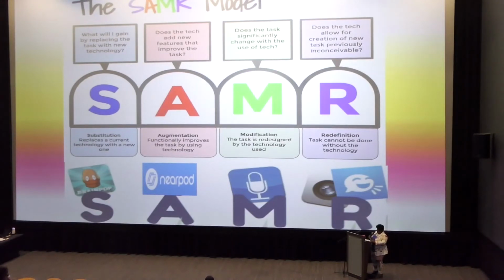When you look at the S for substitution, the tech device or tool that you use only substitutes, replicates what is traditionally done. It does not change the skill. It does not change the activity. An example would be, instead of writing in a notebook, allow them to write it on one of those tools or one of those websites.